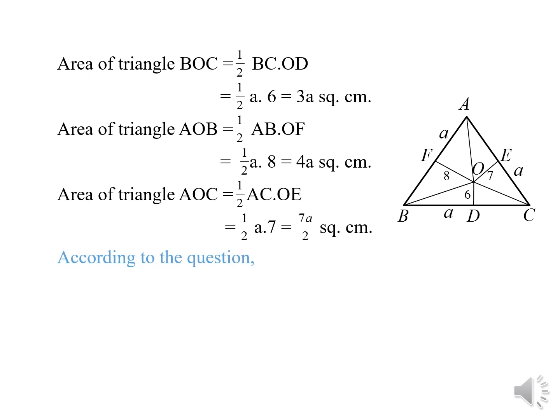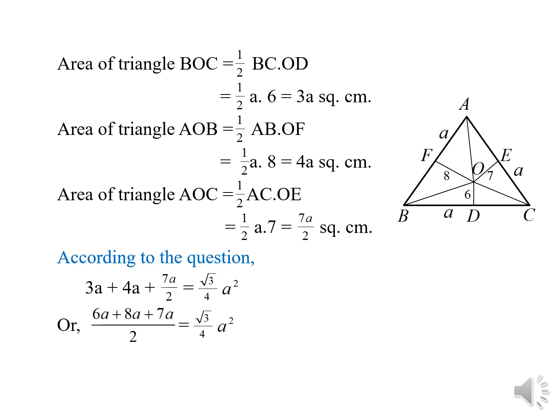Now, according to the question, the sum of the areas of these three triangles is equal to the area of the whole triangle ABC. So we can write area of the first triangle BOC is 3a, plus area of triangle AOB which is 4a, and plus area of triangle AOC which is 7a by 2, is equal to the area of the whole triangle, root 3 by 4 a square.